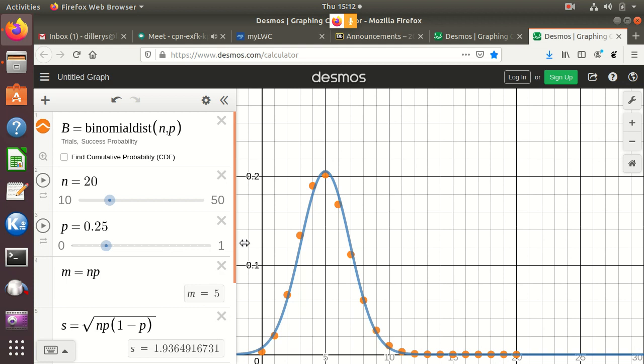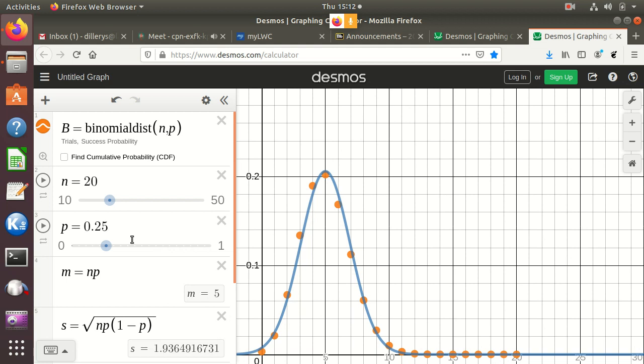Things like this where it's a little bit to one side, that's not necessarily a bad thing, because of the way you're approximating things. But it really doesn't look too bad there with n equal 20 and my product being 5.